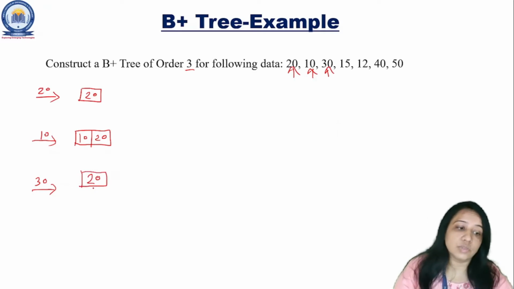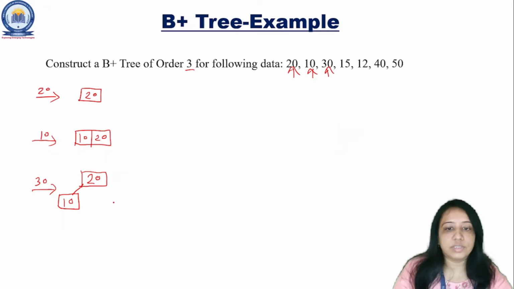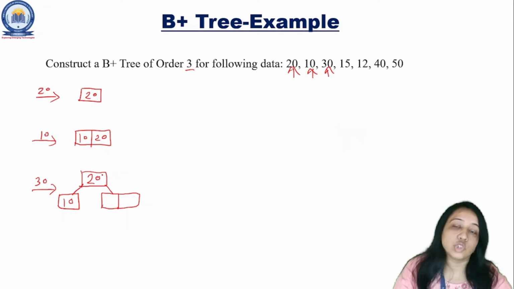Now the 10 is less than 20, so it will be here. Now there is a difference as compared with the B tree. Here we are going to add 30 on the right side, but whatever is at the upper level, that is 20, is also going to be stored here.